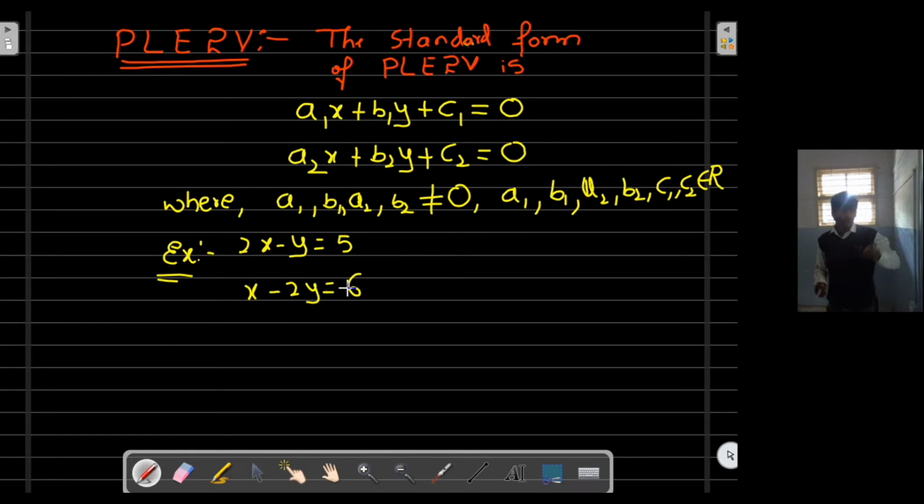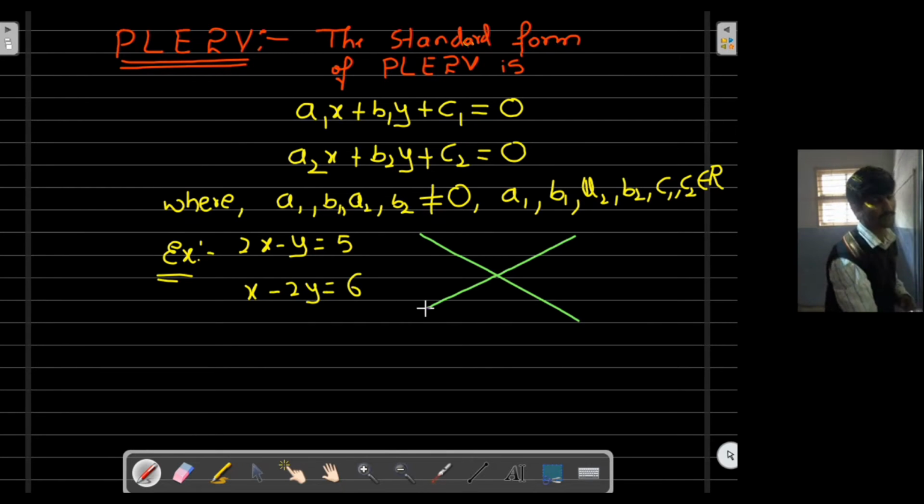Now it becomes two equations. For the first equation you get one straight line, and for the second equation you get one more straight line. So let us see how many possibilities there are for two straight lines. The first possibility is intersecting. The next possibility is parallel.